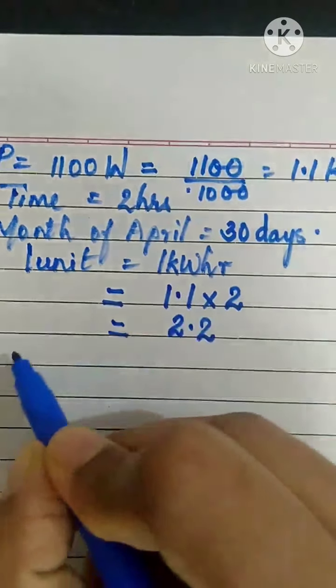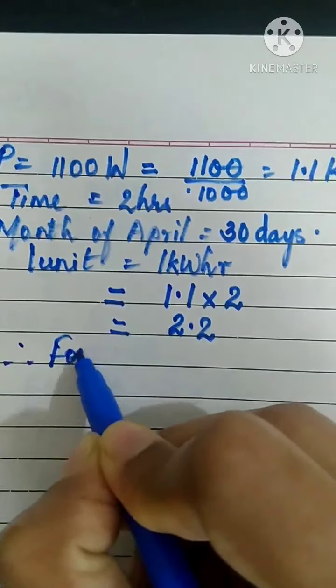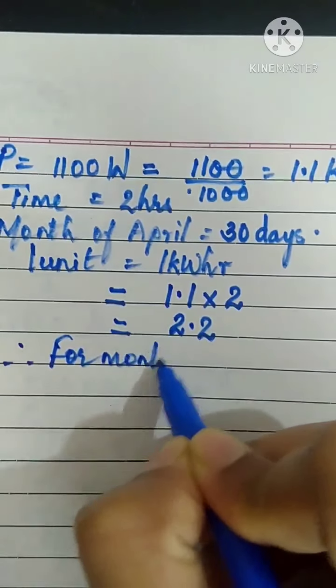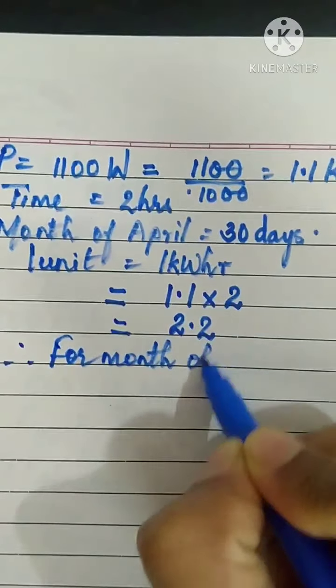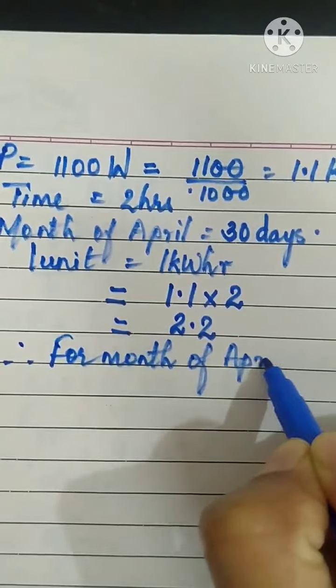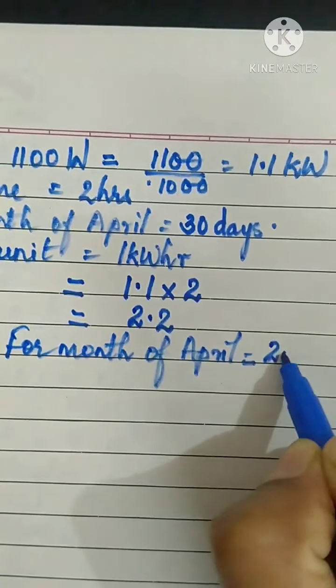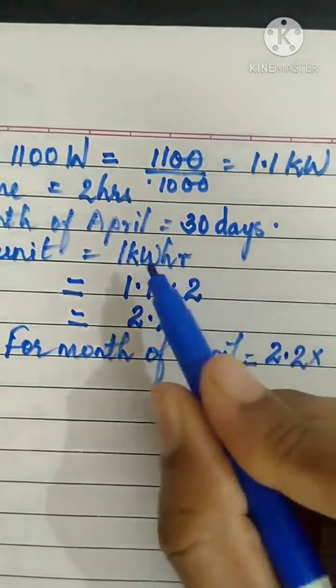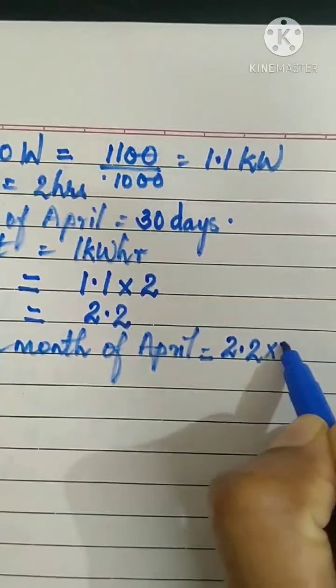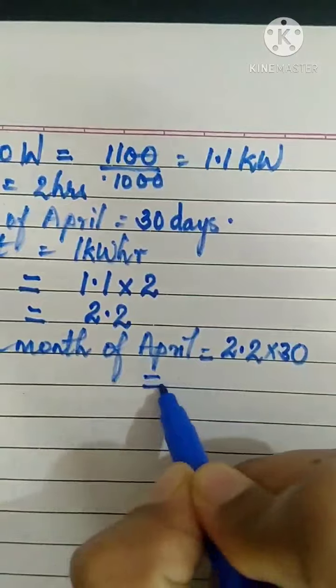Now therefore for the month of April, total units will be: for 1 day it is 2.2. So 2.2 into total how many days in the month of April? 30 days. So 2.2 into 30. Okay, understood now?